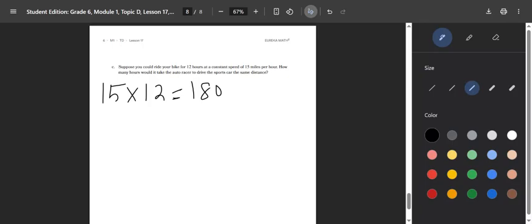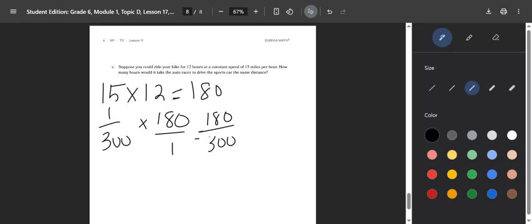If it takes the auto racer 1/300th hour to drive the sports car 1 mile, then it would take 0.6 hours to drive 180 miles, because 1/300th times 180 equals 180 over 300, which if you use your calculator, 180 divided by 300 is 6/10.